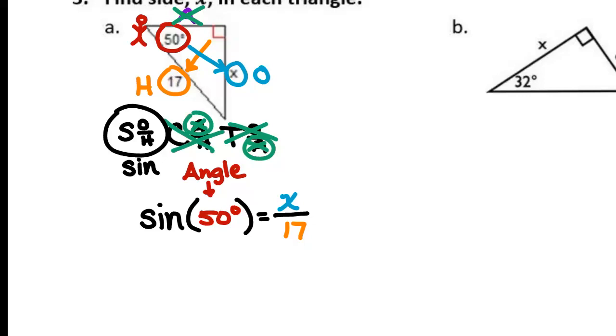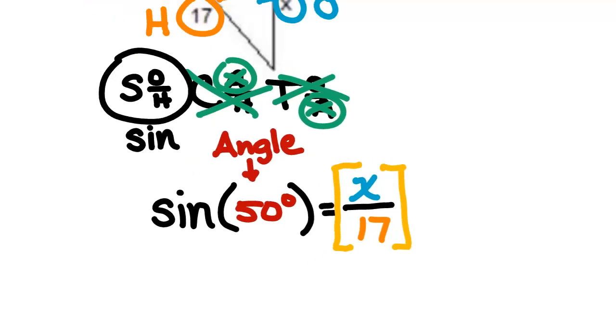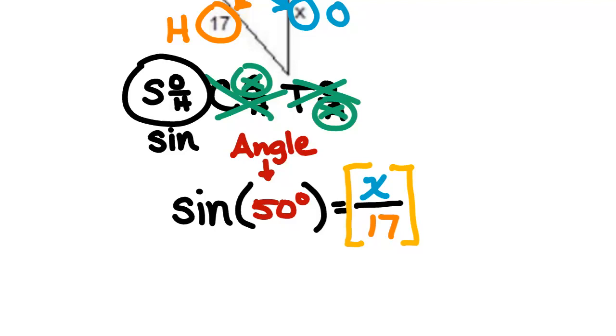Now we want to isolate X. We want to get X alone. X is part of a fraction right now. We talked a lot in the last module about how to get rid of fractions. What operation gets rid of fractions? Multiplication. And what part of the fraction do you always have to multiply by? The denominator. What's in the denominator of this fraction? 17. So we're going to multiply by 17. And if you do it to one side, you have to do it to the other side.